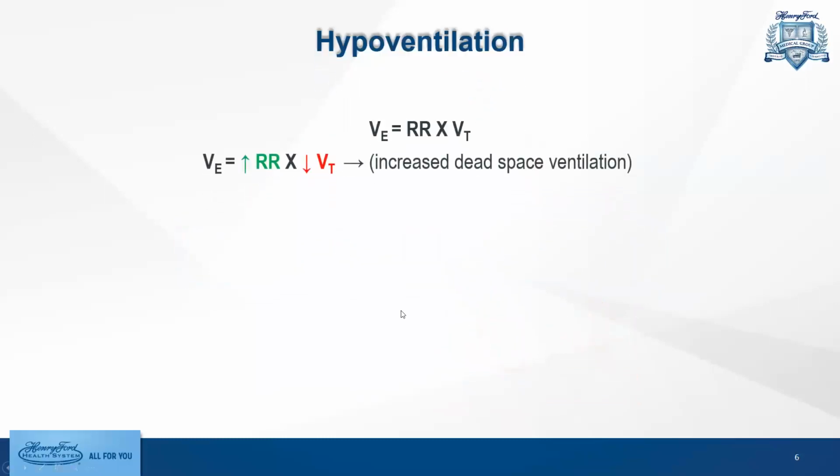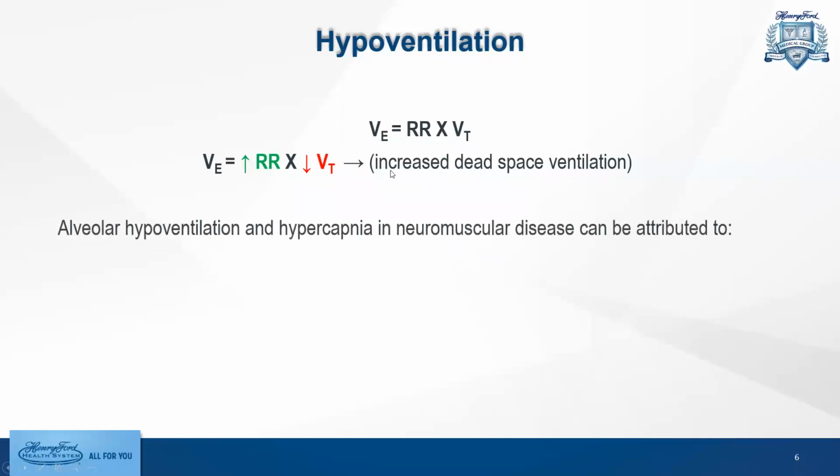Usually when your minute ventilation decreases, when your tidal volume decreases, you're going to try and compensate by increasing your respiratory rate. However, increasing your respiratory rate is going to cause rapid shallow breathing and would eventually increase dead space ventilation. So whenever you have hypercapnia and alveolar hypoventilation in neuromuscular diseases, the main things causing that are decreased minute ventilation and elevated dead space ventilation.